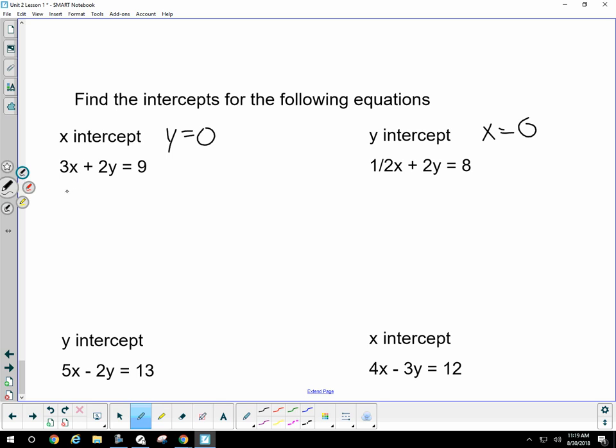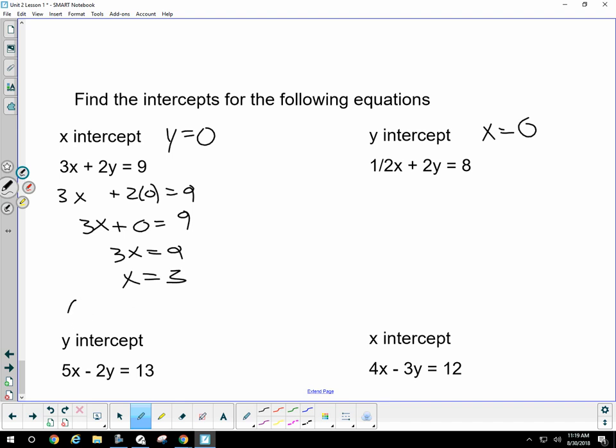So here, for our x-intercept, y is 0. I would have 3x plus 2 times 0 is equal to 9. Well, 2 times 0 is 0. 3x plus 0 is just 3x. I can almost forget about the 2y and just have 3x equals 9. That gives me x equals 3.